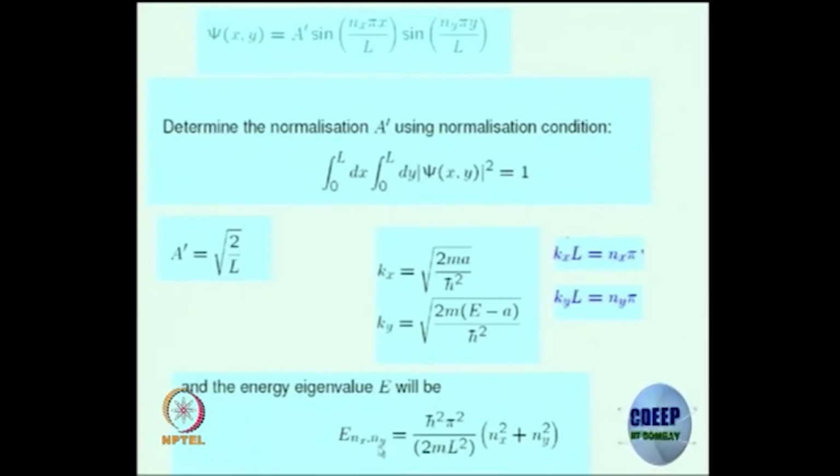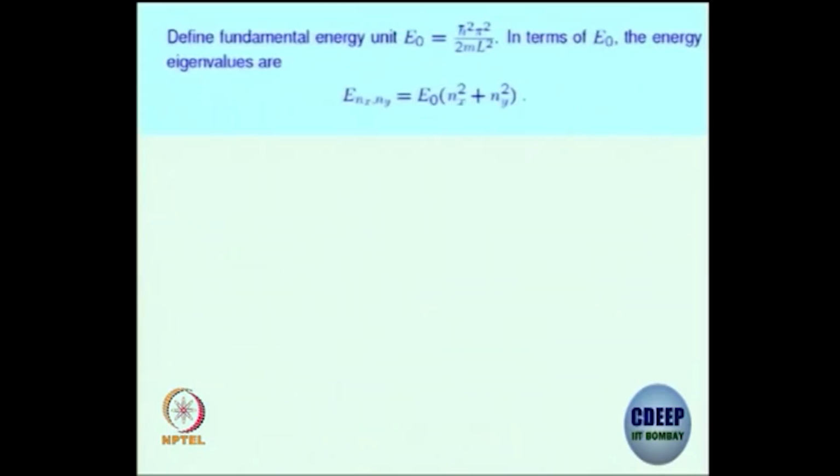So you get this explicitly that the energy has to be nx squared plus ny squared. Again, you can define a fundamental energy unit and rewrite the particle energies in a two-dimensional box as E naught multiplying the sum of squares of two quantum numbers, nx squared plus ny squared.